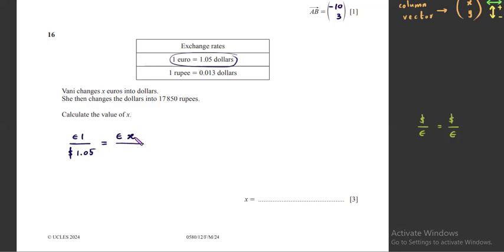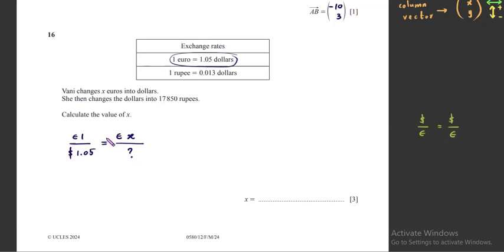For X euros, we check how many dollars will be spent. Same currencies should be written at the top and same currencies at the bottom. So I have put the euros at the top and the dollars at the bottom. So I need to find how many dollars this is.